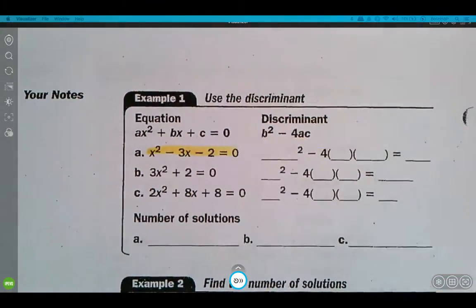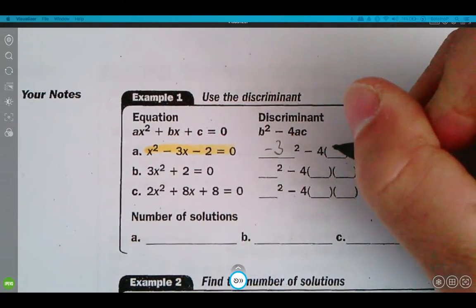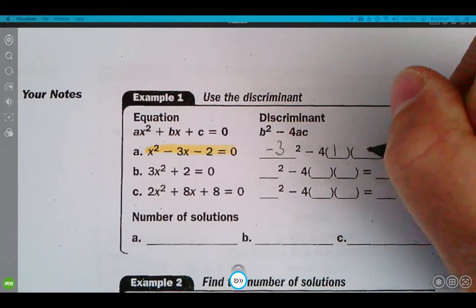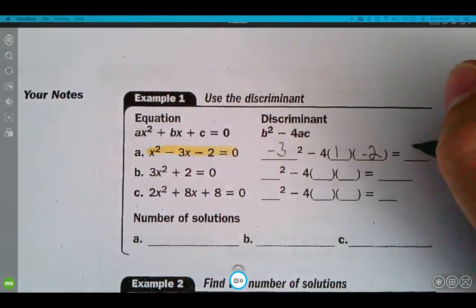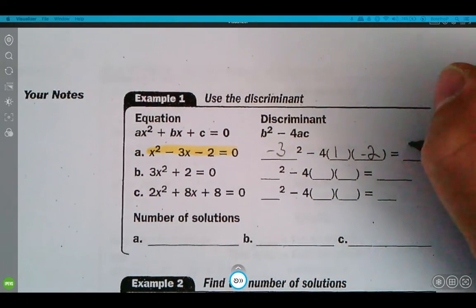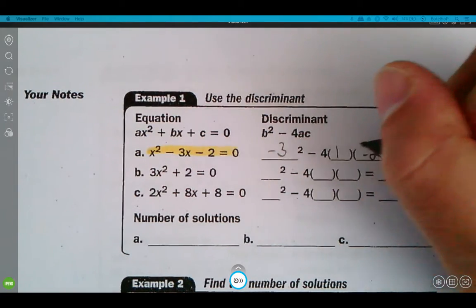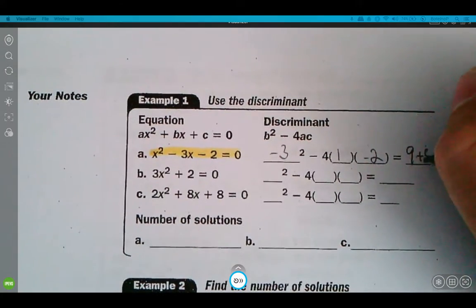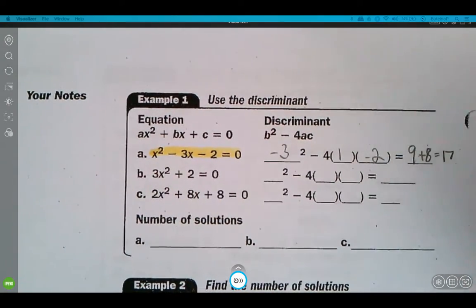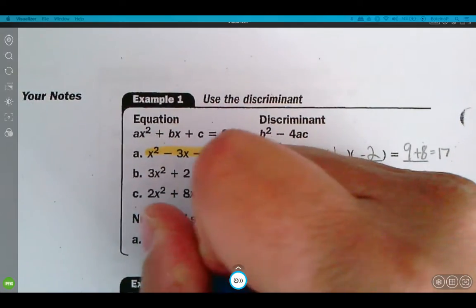You've got negative 3 squared, do it in pencil, minus 4 times 1 times negative 2, which is your C. When you do that, you get 9 minus 4 times 1 is 4, negative 4 times negative 2 is negative 8, plus 8 is 17. So now I know the discriminant is 17.